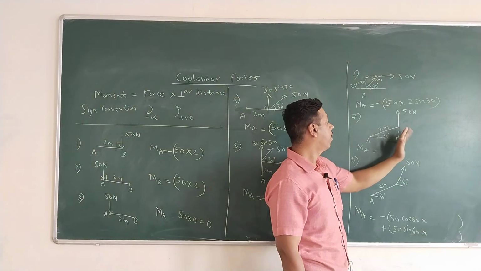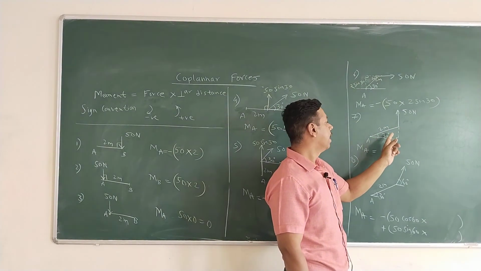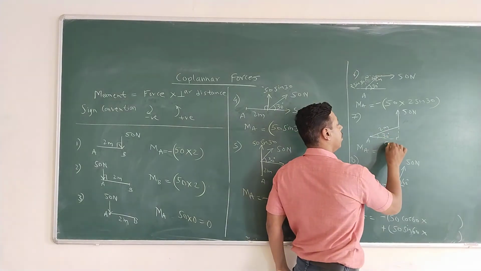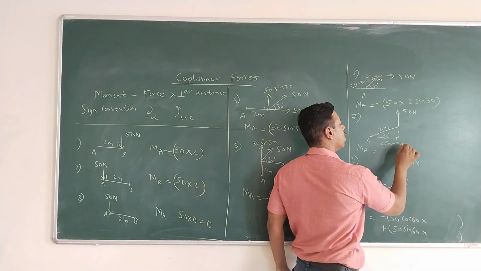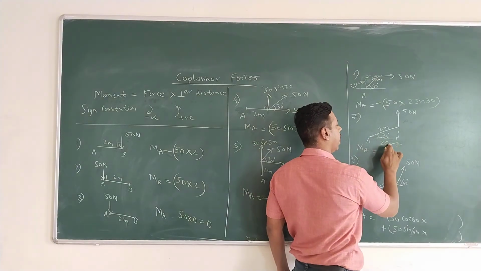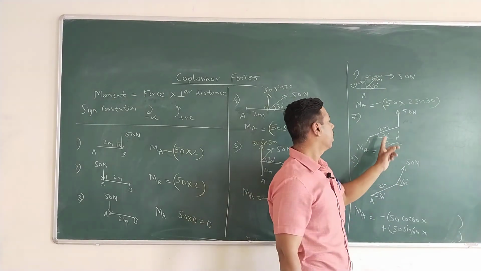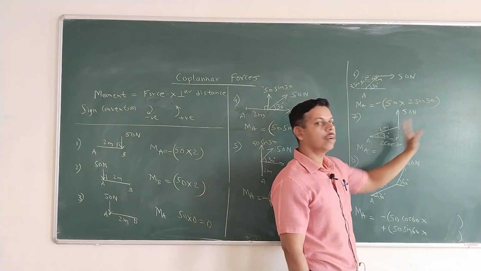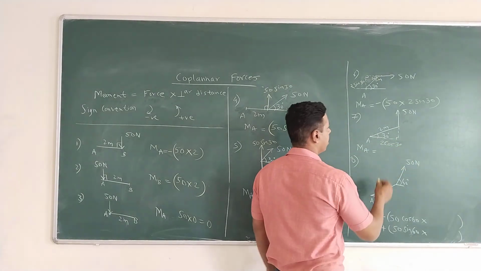Now for this 50 Newton, this is the perpendicular distance, and this side is adjacent to this angle. Adjacent means cos, so this is hypotenuse into cos of that angle. Okay, this opposite side to 30 is 2 sin 30 because opposite means sin times.